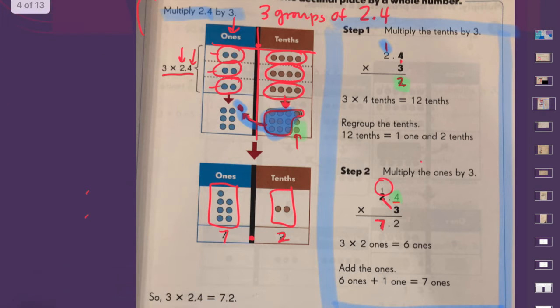In this case, we only have 1 digit behind the decimal point in both factors, and so we know that we need to have 1 digit behind the decimal point in our product. So 2.4 times 3 is 7.2.